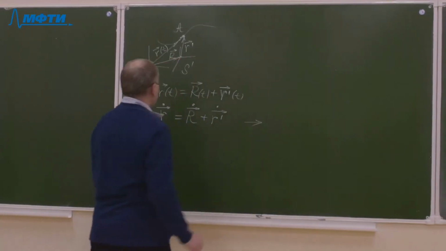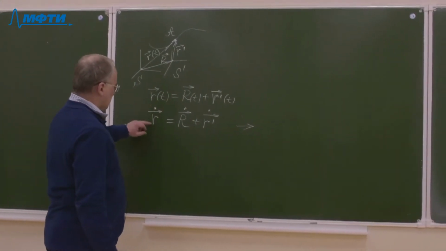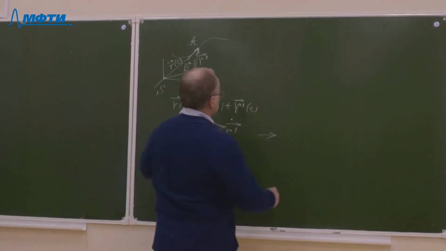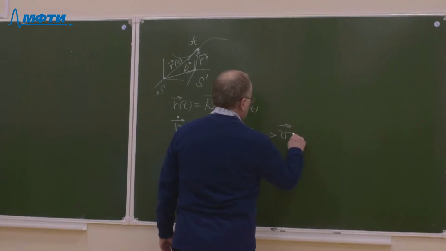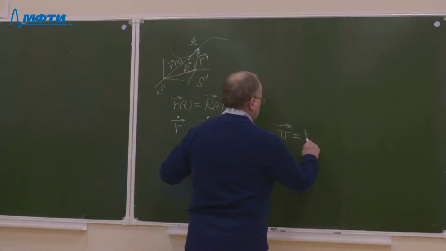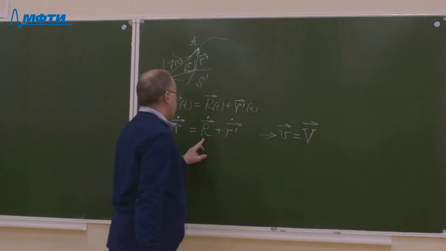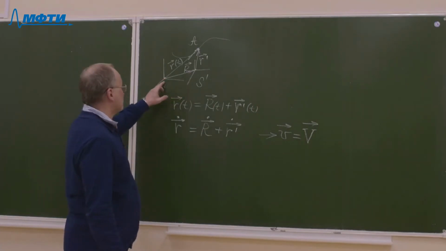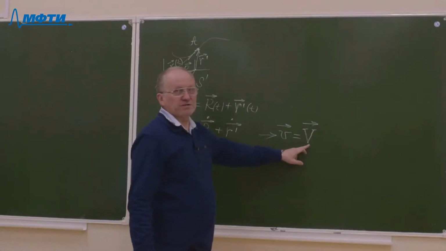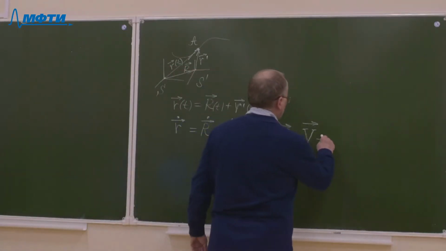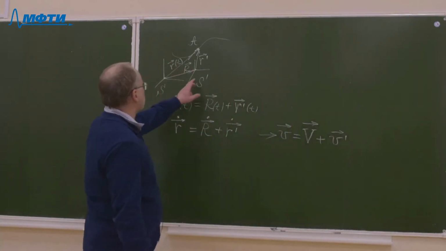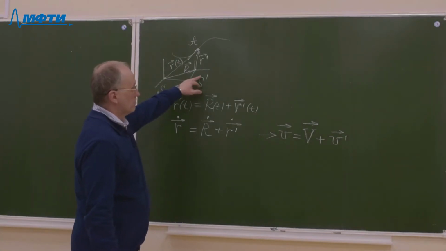This can be written as: the derivative of the radius vector with respect to time is the velocity. The velocity of point A equals the velocity of the reference system S prime with respect to the reference system S. That is the velocity of one reference system with respect to another reference system, plus the velocity of the particle with respect to the reference system S prime.